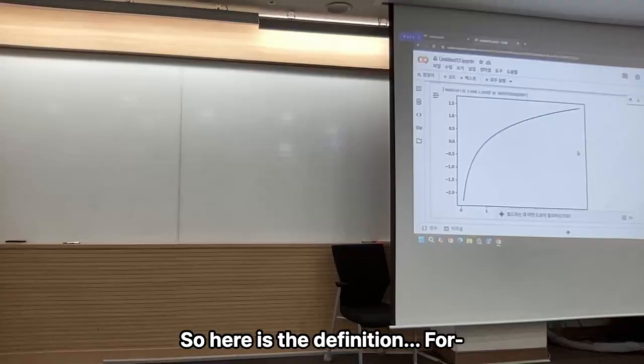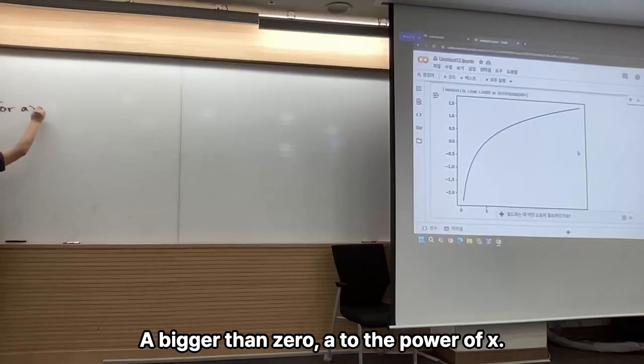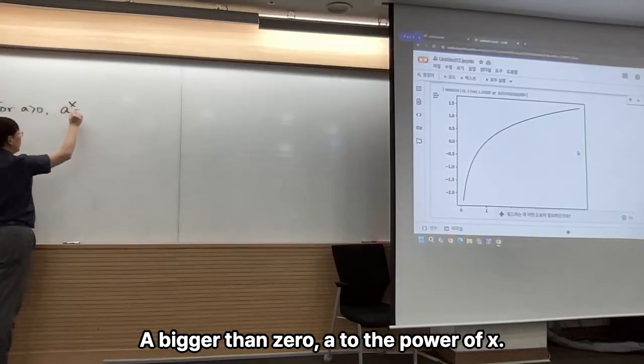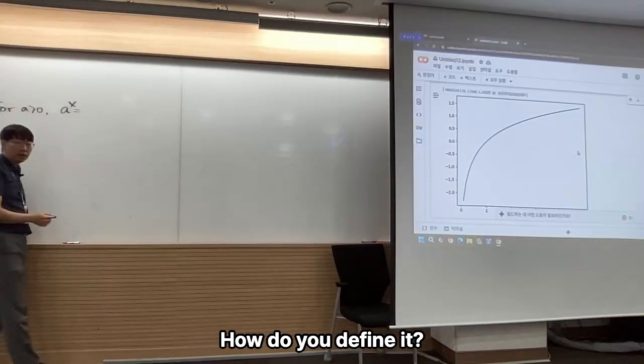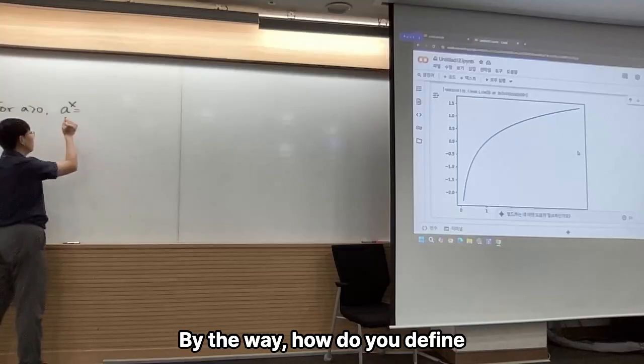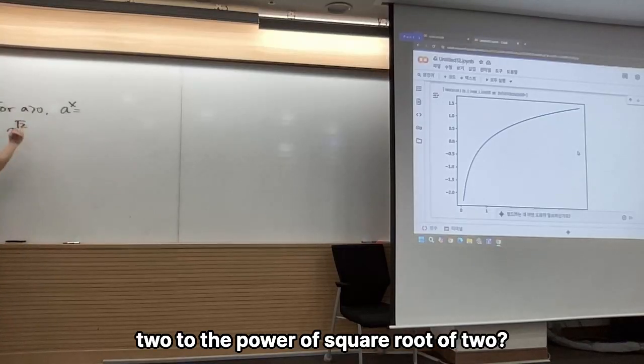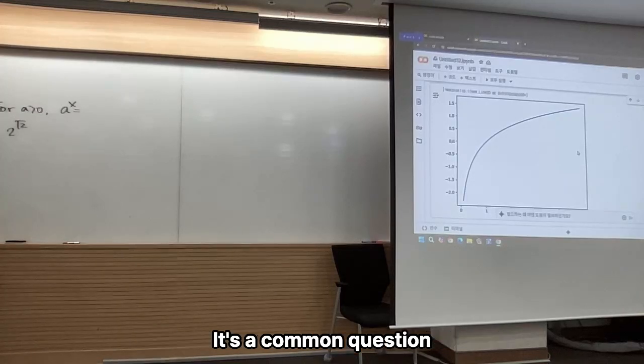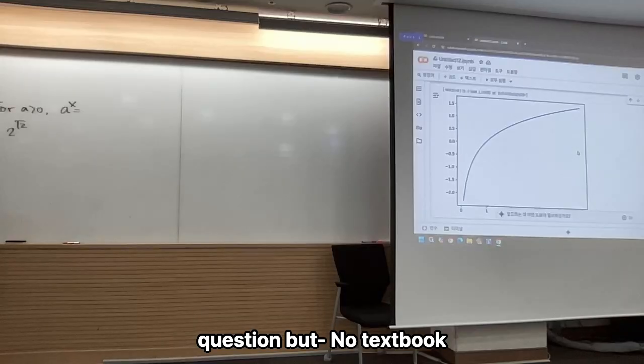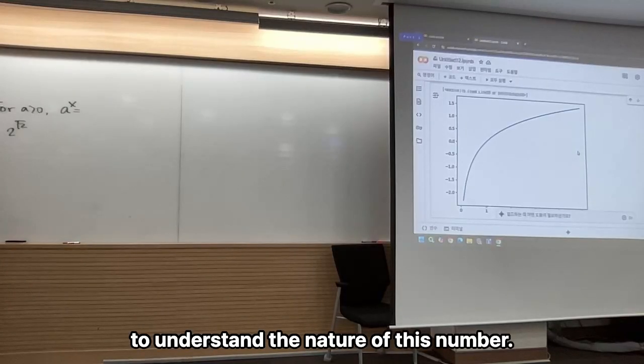So here is the definition. For a bigger than 0, a to the power of x, how do you define it, by the way? How do you define 2 to the power of square root of 2? It's a common question, and I've found that this is a very important question, but no textbook deals with this question deeply enough to understand the nature of this number.